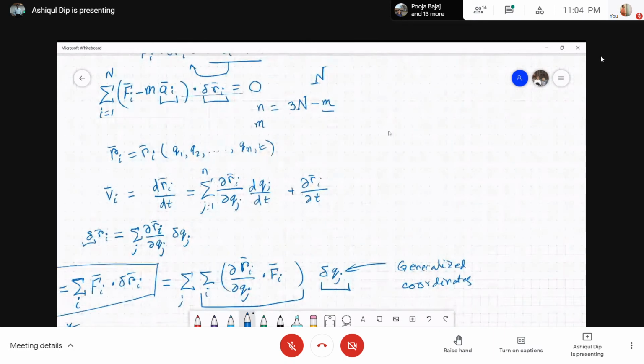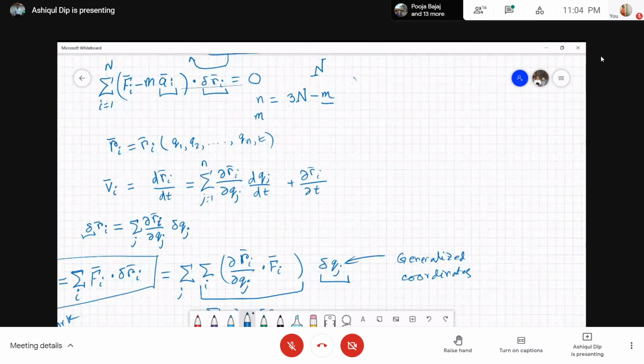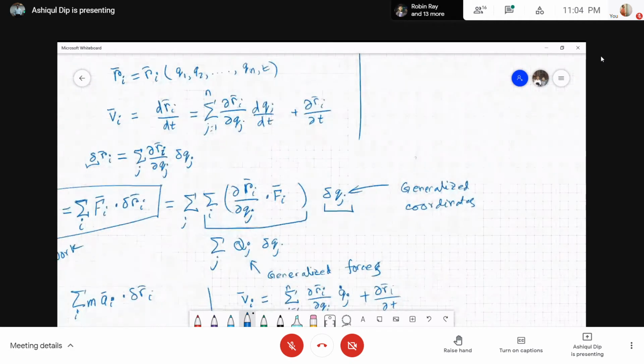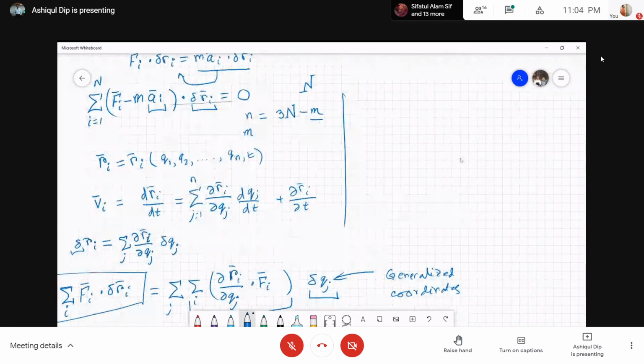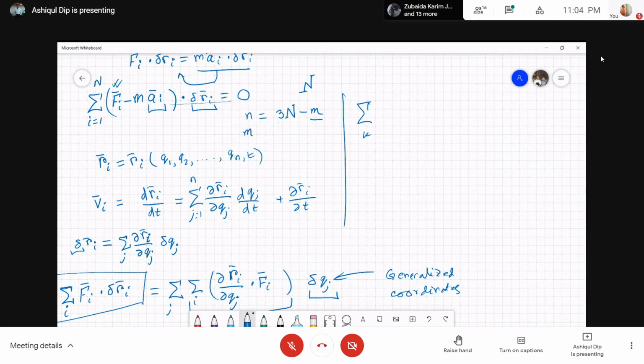So sum over i of F_i δr_i, this part could be written as what we got, sum over j of Q_j δq_j. So this first part can be written as sum over k of Q_k, variation of q_k, like that.